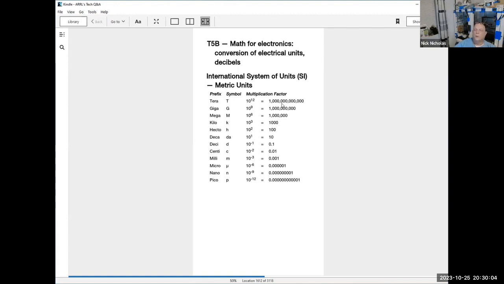But capacitors have really small values to be very effective. You'll find that we use millifarad, microfarad, nanofarad, and picofarads for capacitors a lot.